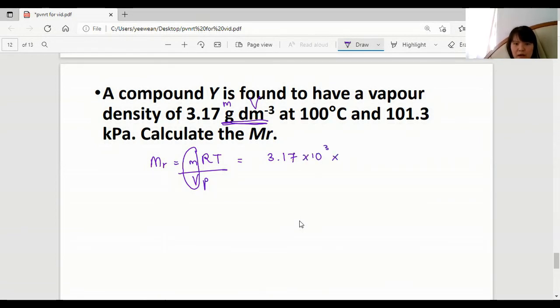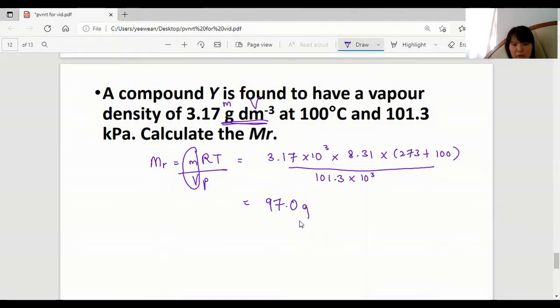So that's M over V already, R and T over PV. V is already settled, and P is in kilo, so I want it in pascals. There you go. So I got around 97 gram per mole.